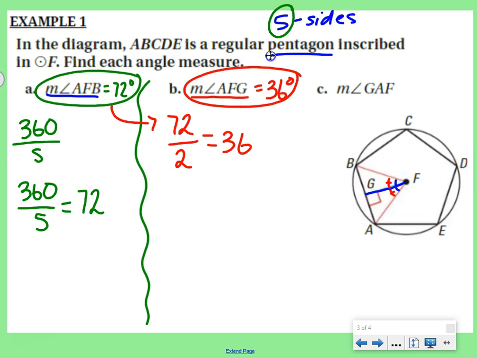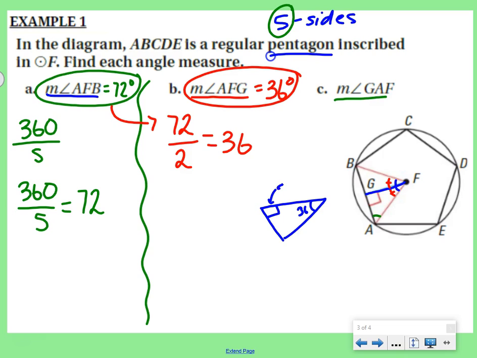All right, and then the last one is we want the measure of angle GAF. So GAF would be right here. We can just use the fact that that's part of a right triangle. So I draw that triangle right there. We got the right angle. This angle AFG was equal to 36 degrees.